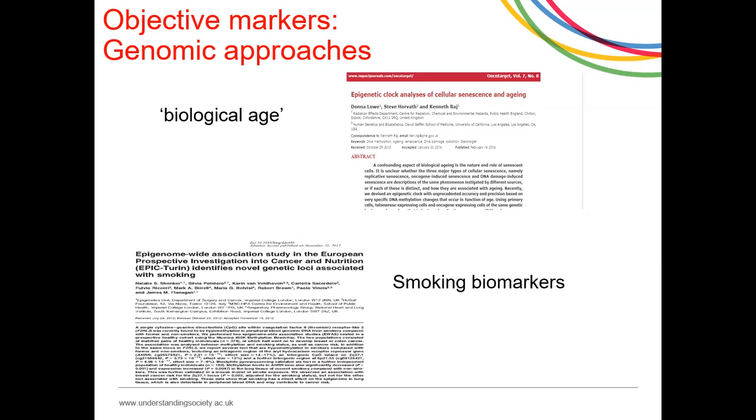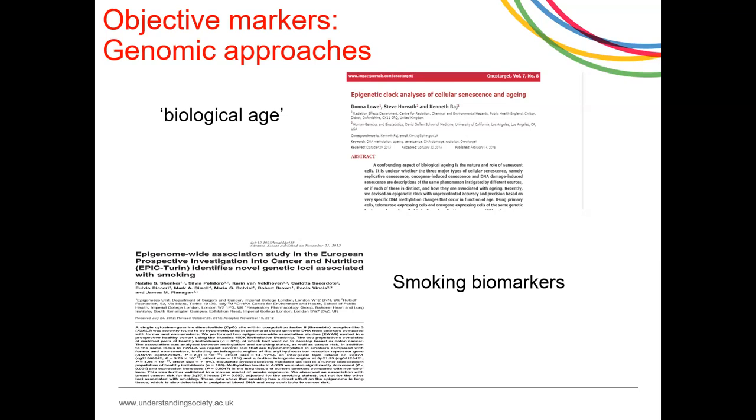What he did was use that information to see how methylation changes with age, and he created a biomarker of age, which has been used quite extensively recently as an objective marker of age. And we have those data in Understanding Society.